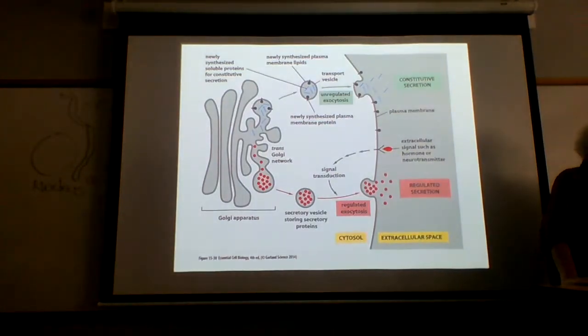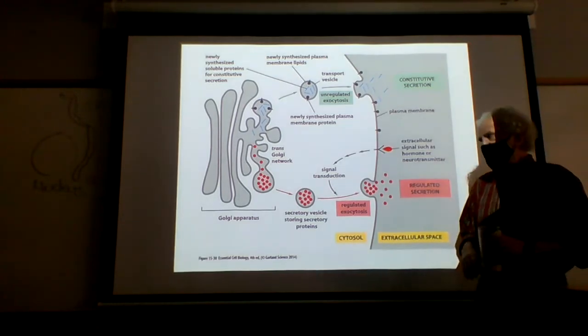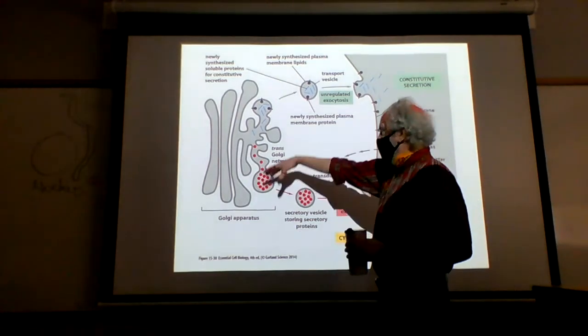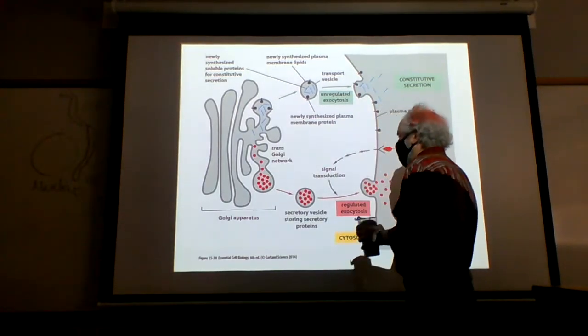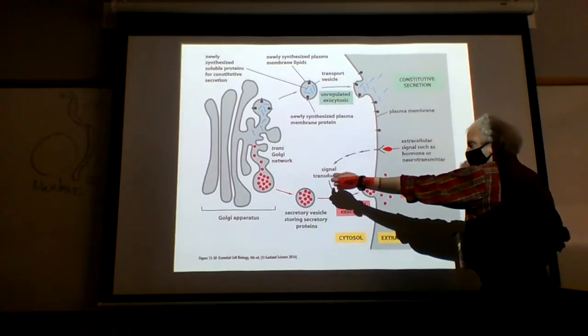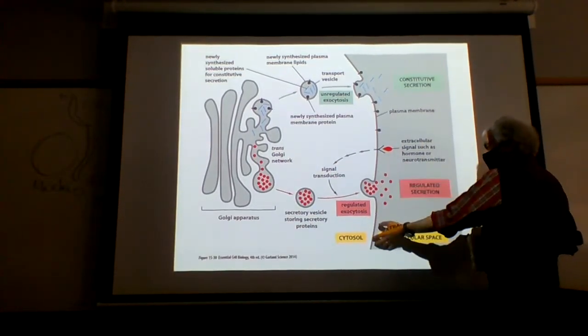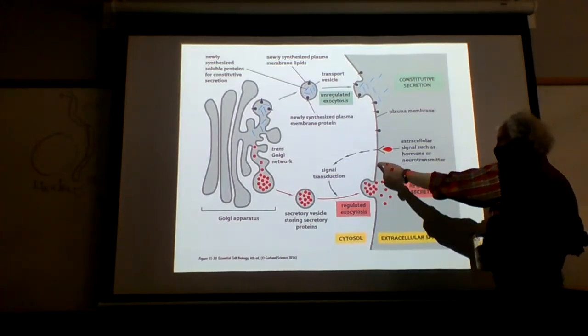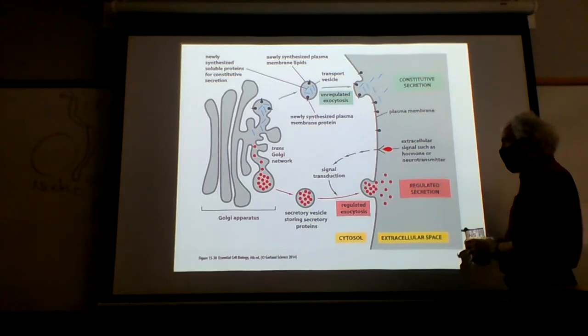So this is a good kind of general purpose review diagram. We had the Golgi apparatus, the trans-Golgi network. The vesicles are being pulled off, blebbed off. Here's a secretory vesicle. It's being bound to or fusing with the cell surface. This is a form of regulated secretion.